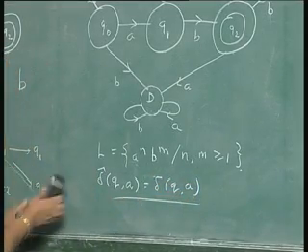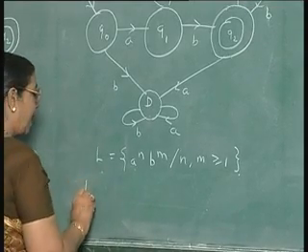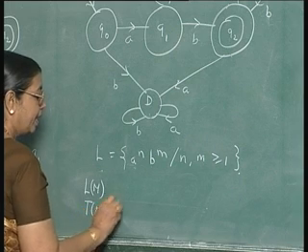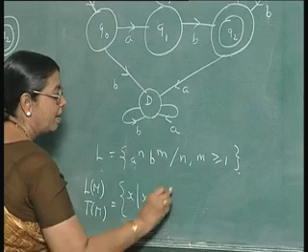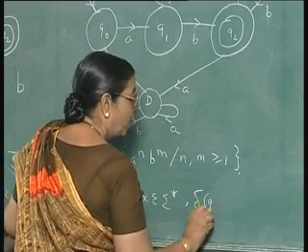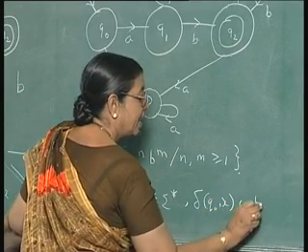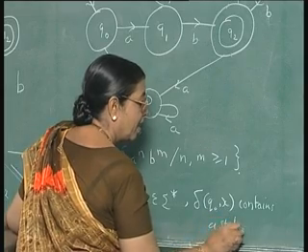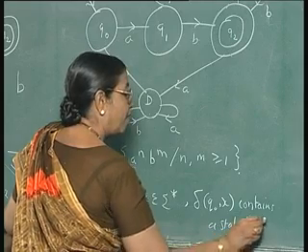Since this holds, you need not have to distinguish between delta and delta cap, and the language accepted is denoted by L of M or T of M, and that is equal to the set of strings x, x belongs to Sigma star, such that delta of q naught, x contains a state from F.